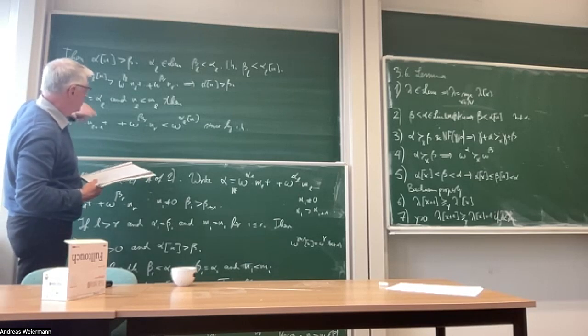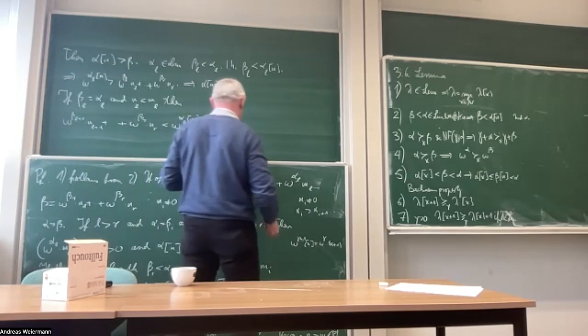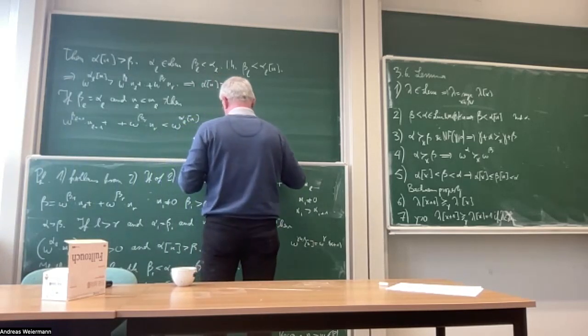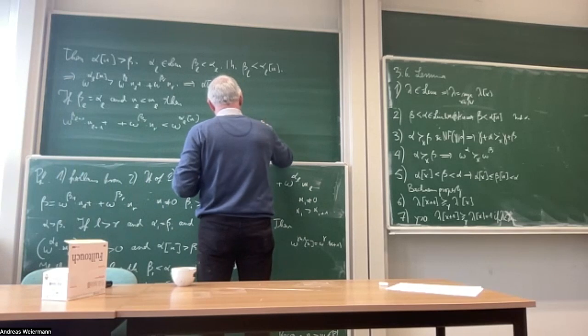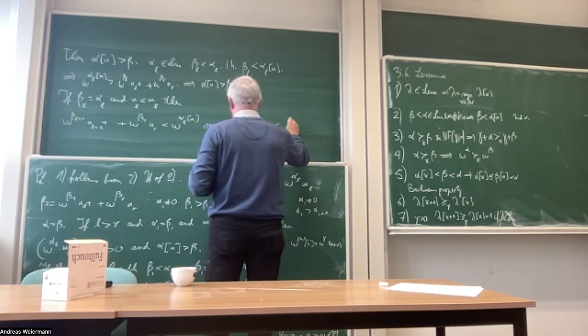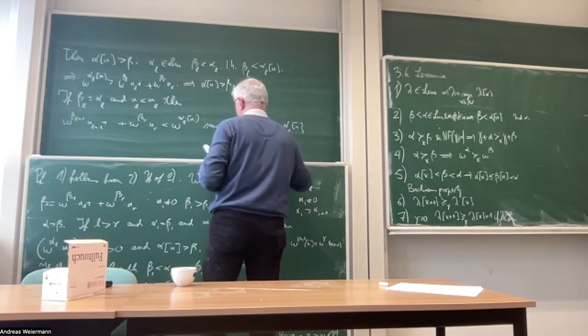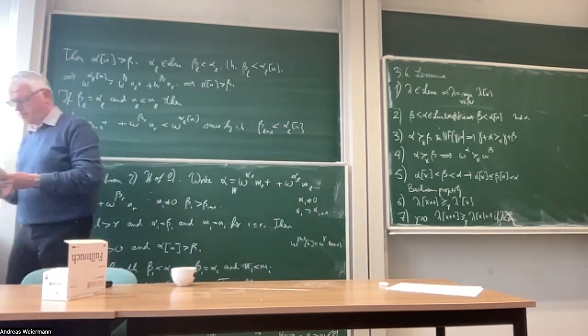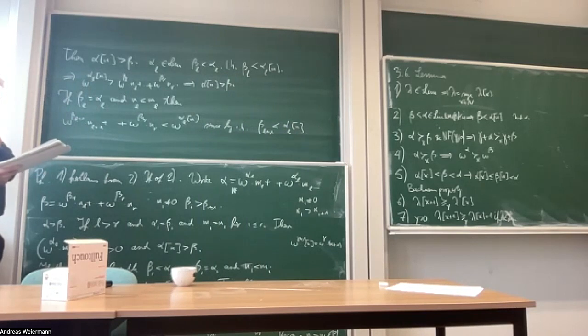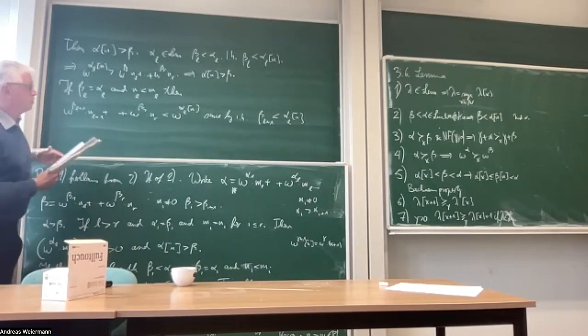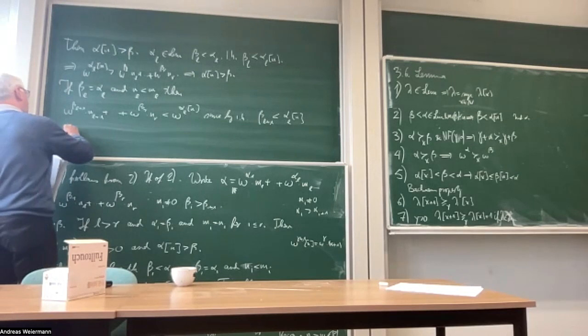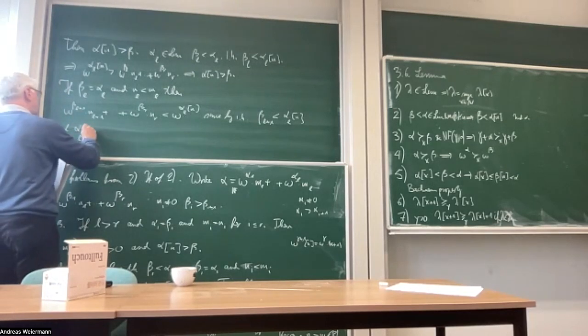Question? Well, I want to conclude that beta L plus 1 is bounded by omega to the alpha L of N. That is true, but this only works if alpha L is a limit.